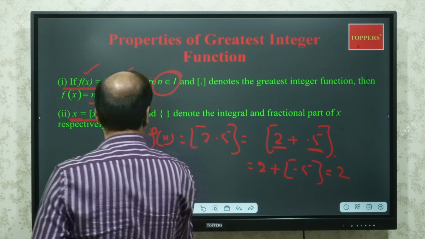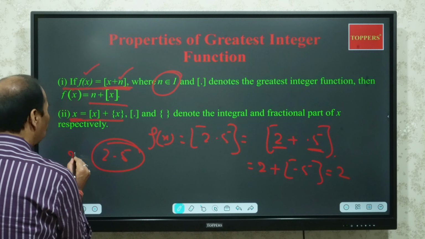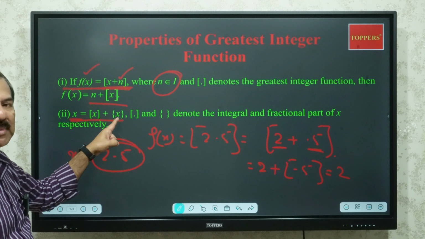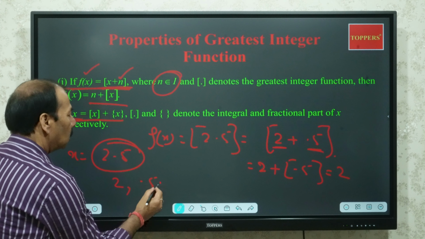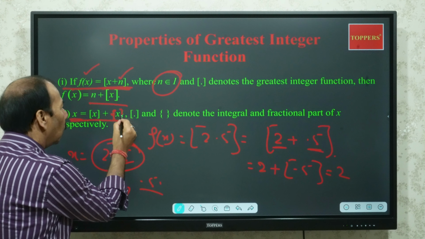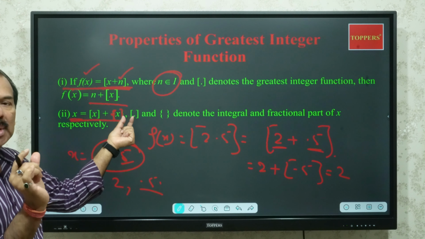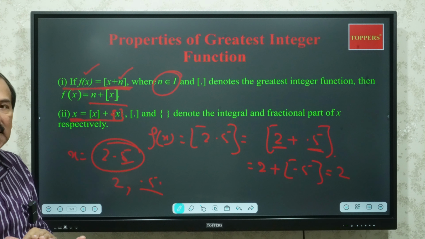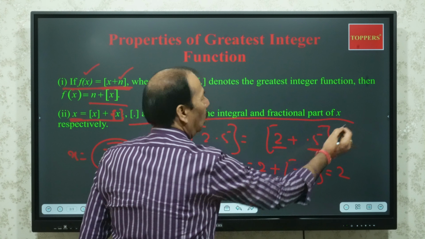Similarly, suppose x is 2.5. It has an integral part as well as the fractional part. The integral part here is 2, and the fractional part here will be 0.5. With the medium bracket, we represent the fractional quantity, and this big bracket represents the integral quantity or the integral part. So you can just see all these relations.